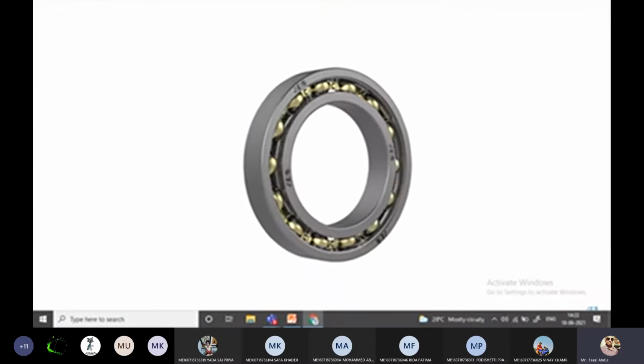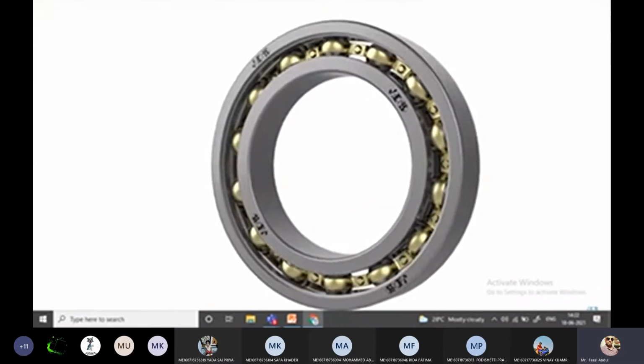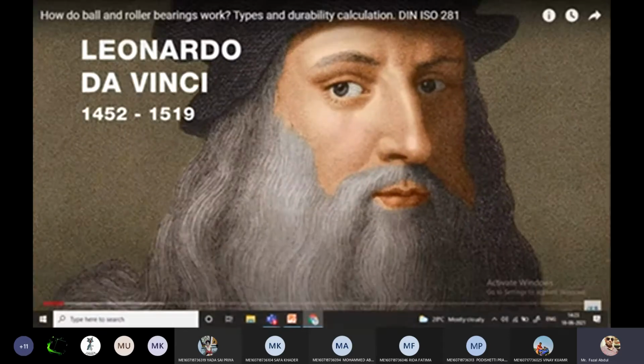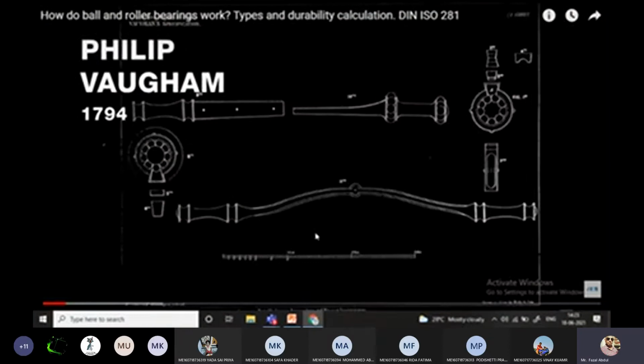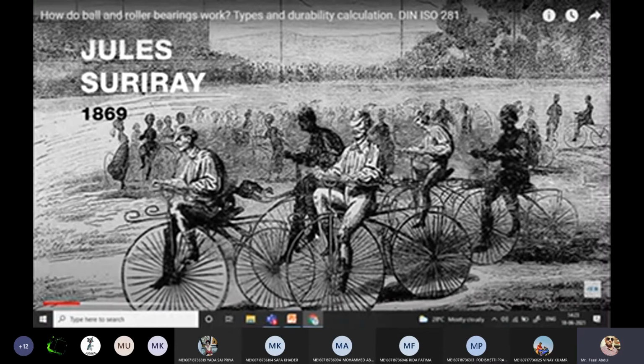How do bearings work? Bearings are used to reduce the friction between two objects that are in linear or circular motion against each other. The first intuition came from Leonardo, and in 1794 by Philip Vaughan.